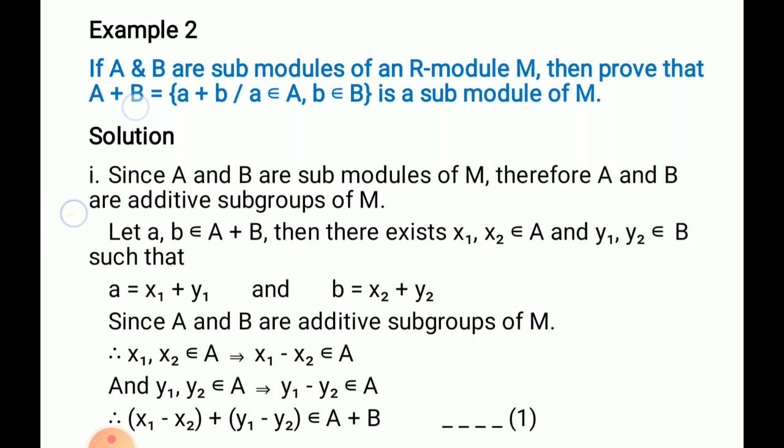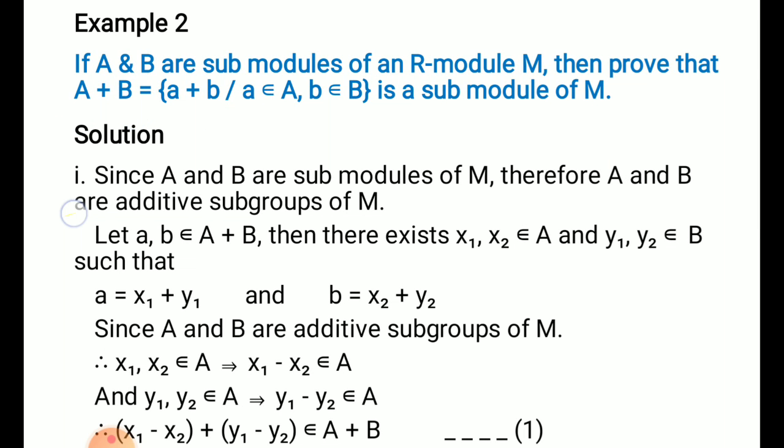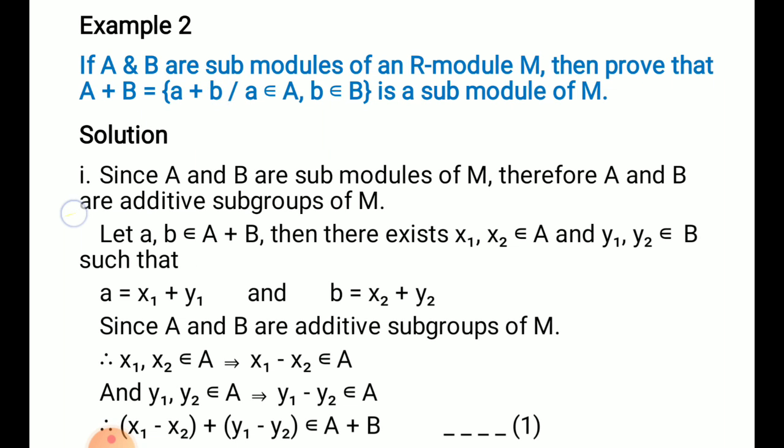The sum of two sets A plus B is defined as the set of all elements of the type a plus b, where a belongs to the first set A and b belongs to the second set B. If A and B are submodules of an R module M, then their sum is also a submodule of M. In the previous case, we have seen that the intersection of two submodules of M is again a submodule of M. In this case, if A and B are submodules of an R module M, then their sum A plus B, which is defined in this manner, is also a submodule of M. That means the sum of two submodules of an R module M is again a submodule of M. Okay.